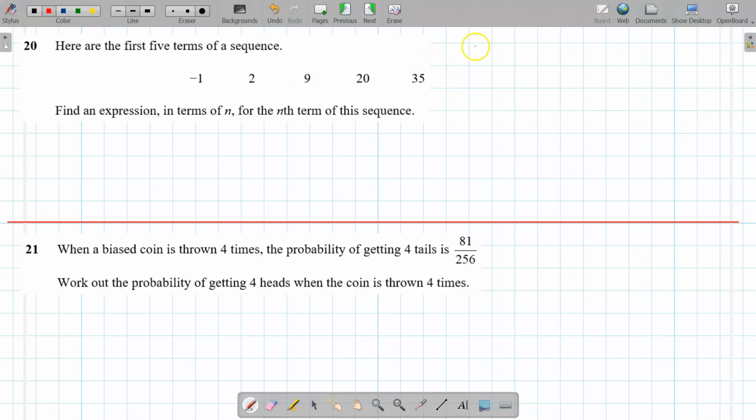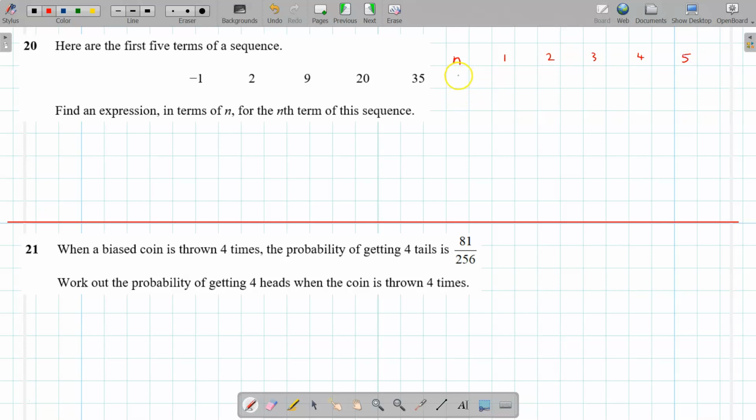In this question 20, we have a quadratic sequence, and we're going to find the expression for the nth term. So I'm going to set up a little table. This row is n, which is the position in the sequence. So that's simply 1, 2, 3, 4, 5. Okay.